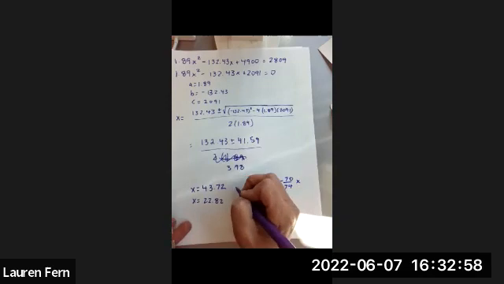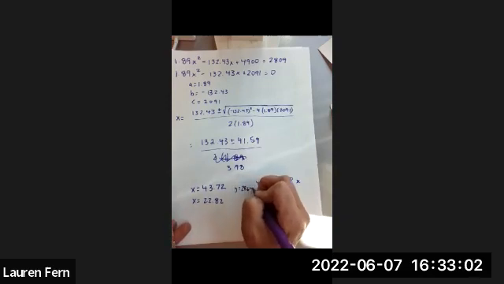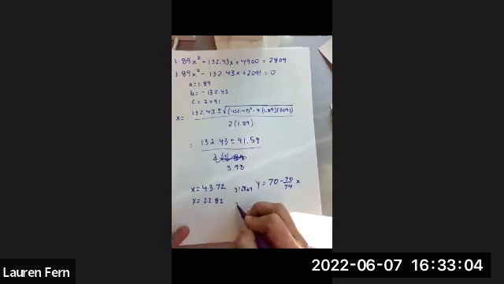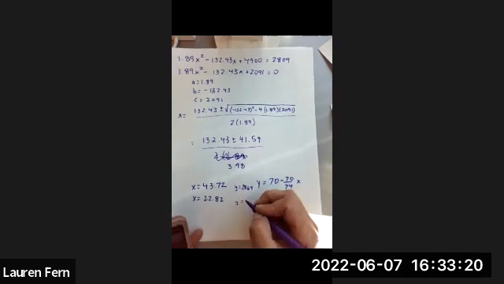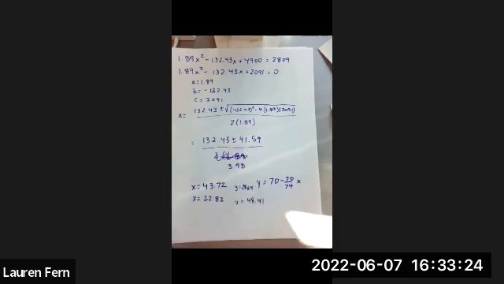I'm going to get, for this one, y is 28.64. And now if I plug in 22.82, I'll multiply that by 70, divide that by 74, and then I'll add 70 to that. And I'm going to get y to be 48.41.